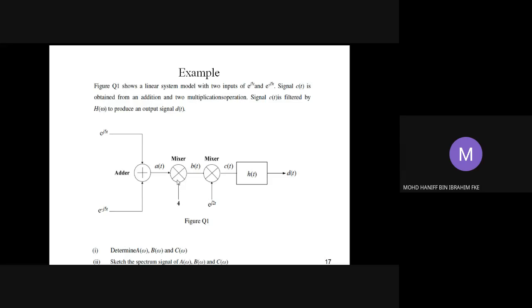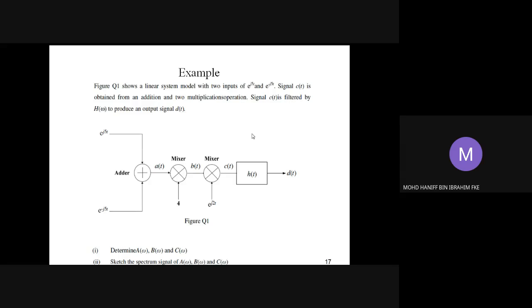In this case, this is multiplication between a(t) and 4, a constant, and this produces b(t). Then b(t) will be multiplied with exponential j2t and will produce c(t). c(t) will pass through a system h(t), and this will further produce a signal d(t). So this is how the system works.